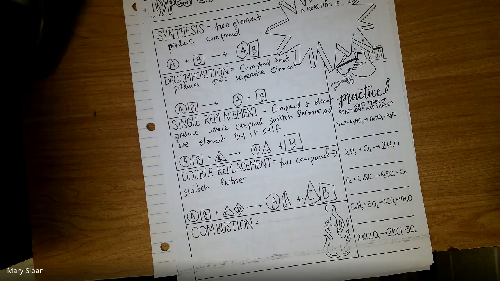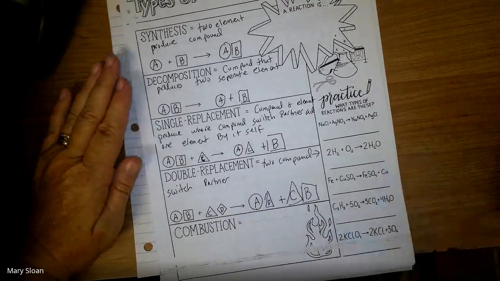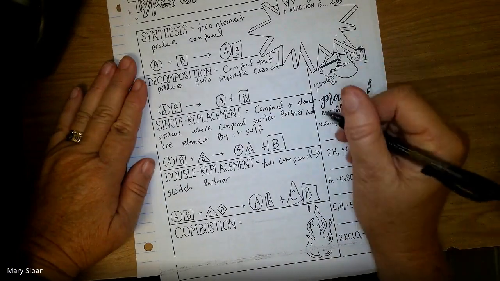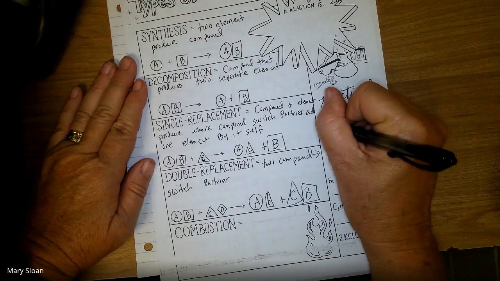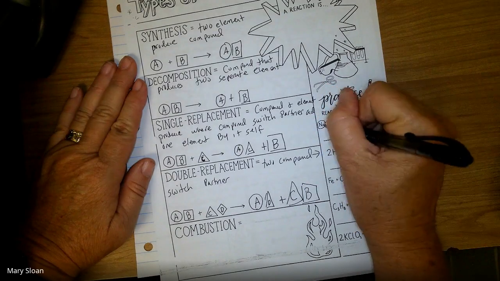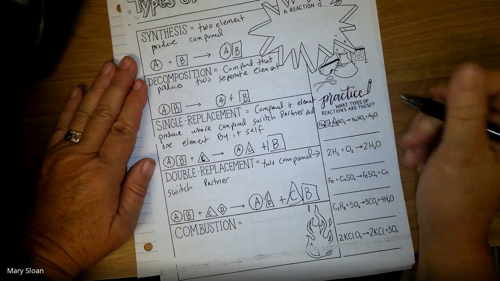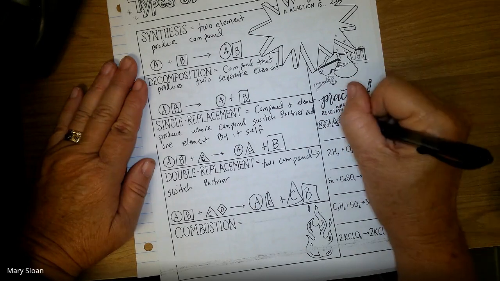So let's look at the practice on the right-hand side. So we have NaCl, okay? So what I'm going to do is I'm going to draw me a circle, a box, a triangle, and a diamond.